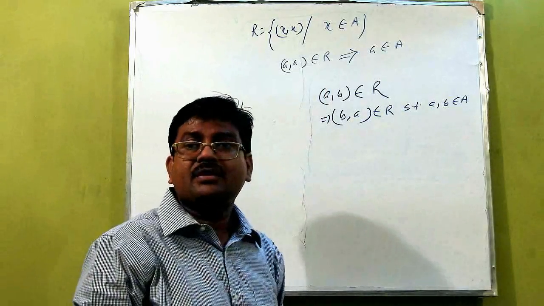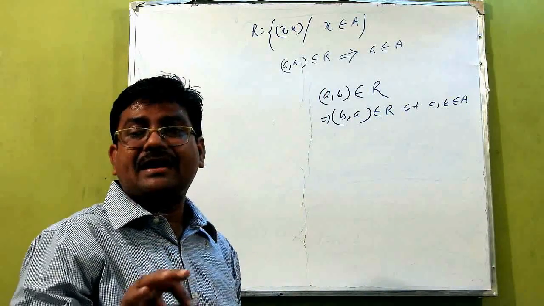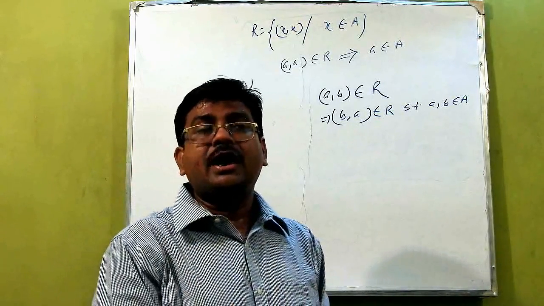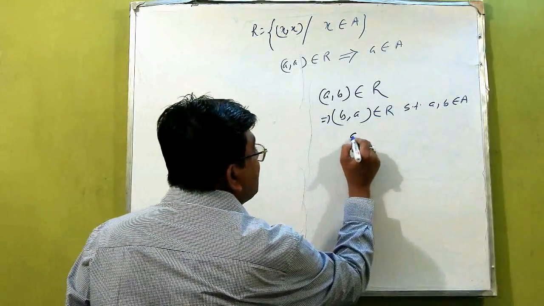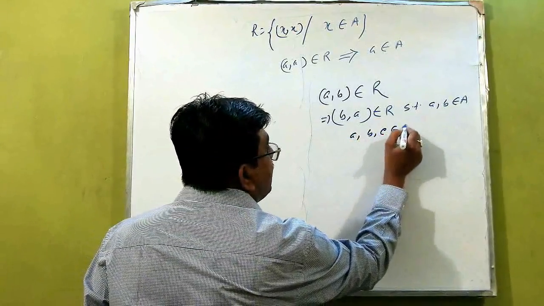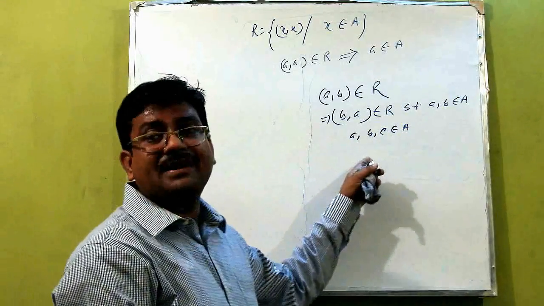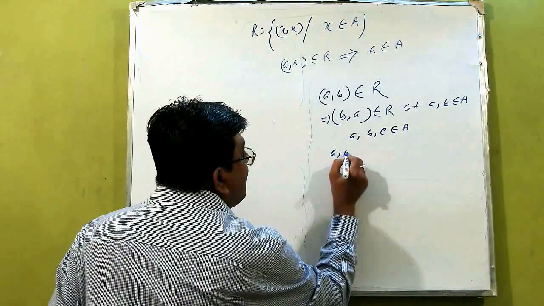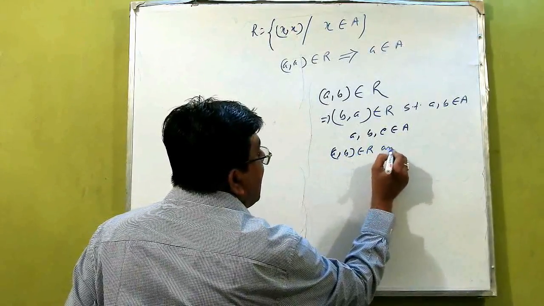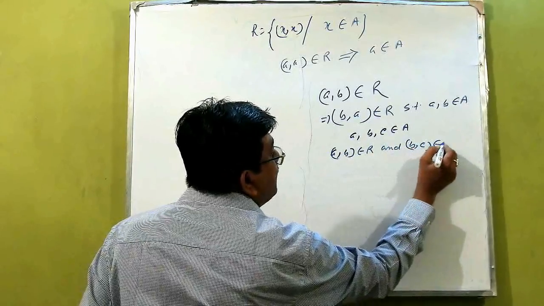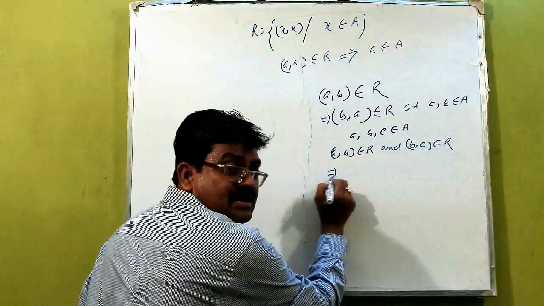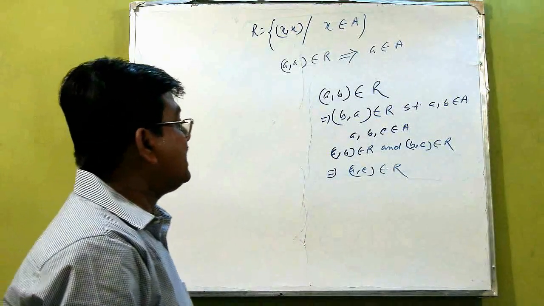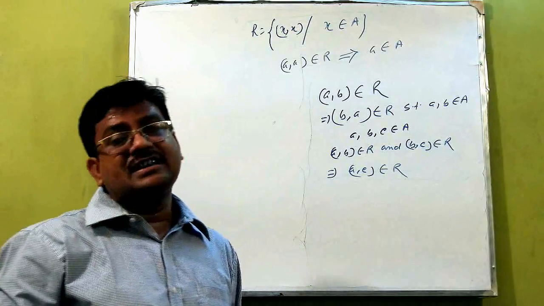Then number 3, reflexive, symmetric and now transitive relation. What is transitive relation? Let us consider 3 elements a, b, c which belong to the set capital A. Again I repeat, a, b, c are 3 elements which belong to capital A. Then if (a, b) belongs to R and (b, c) belongs to R, which implies (a, c) belongs to R, then we can say that R is a transitive relation.